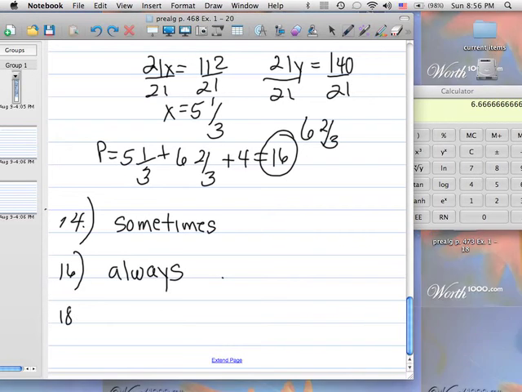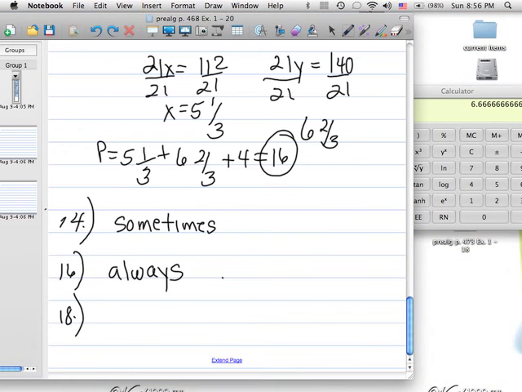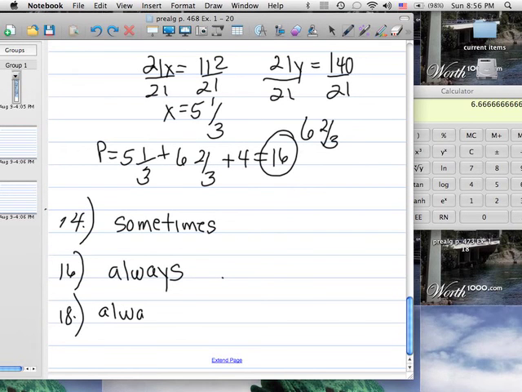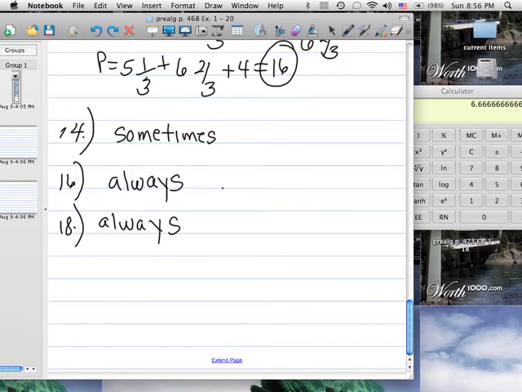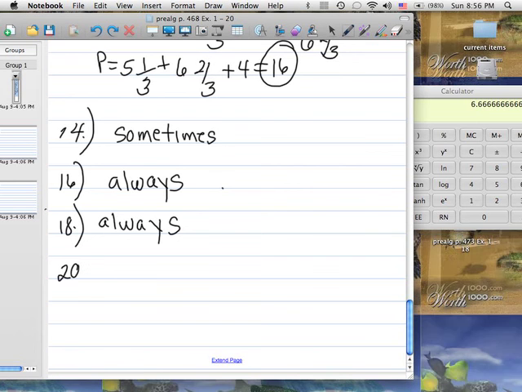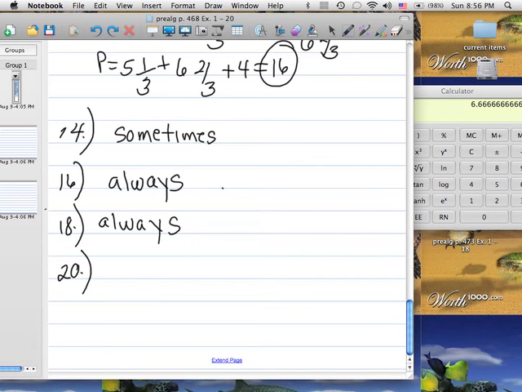Number 18, two congruent polygons, always. They're congruent, therefore they have to be similar. 20, an obtuse triangle and an equilateral triangle.